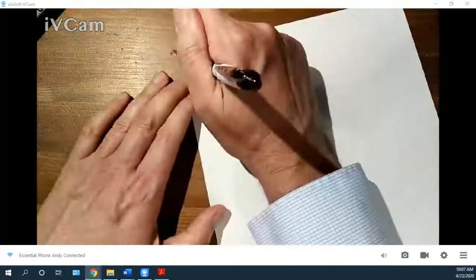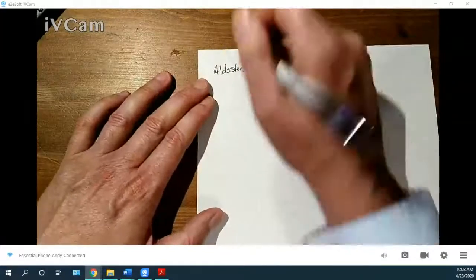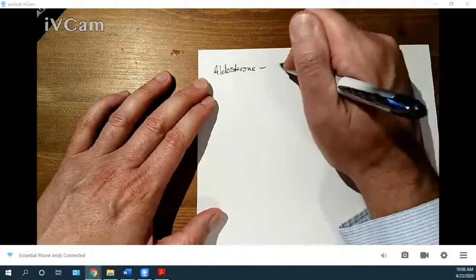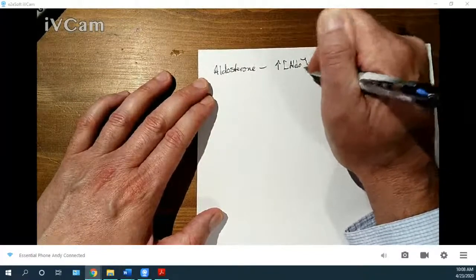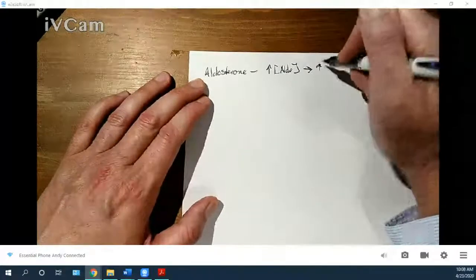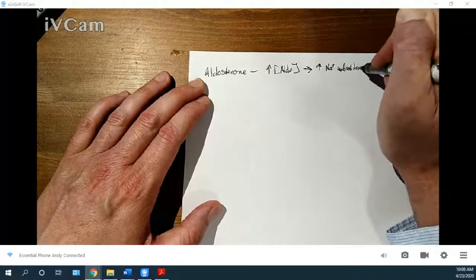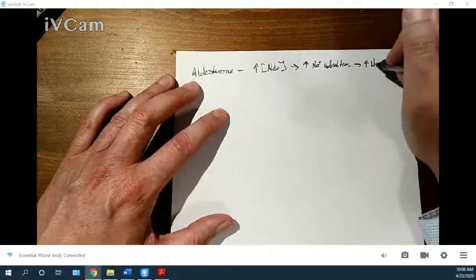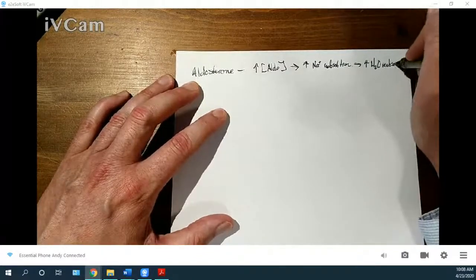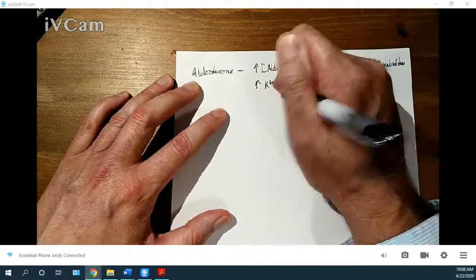So if we remember, aldosterone, however you want to call it, if we increase its concentration, I'm just going to put aldo, we're going to end up with a net increase in sodium reabsorption, an increase in water reabsorption, as well as an increase in potassium secretion.